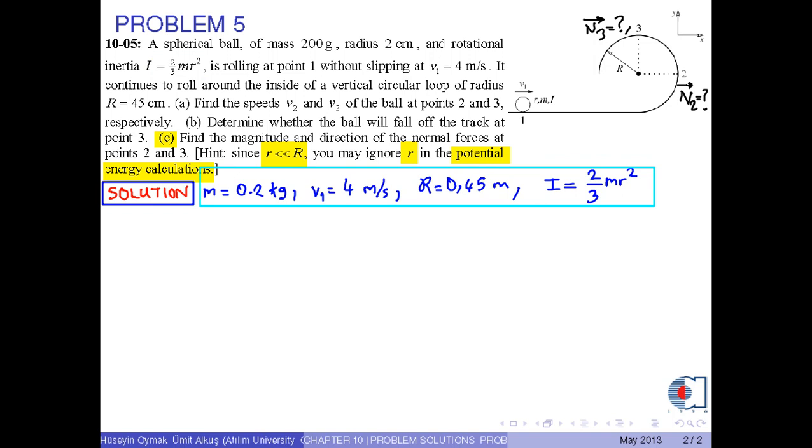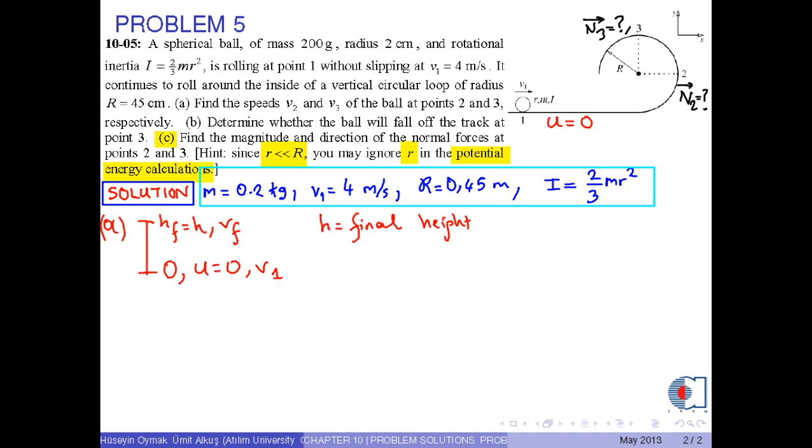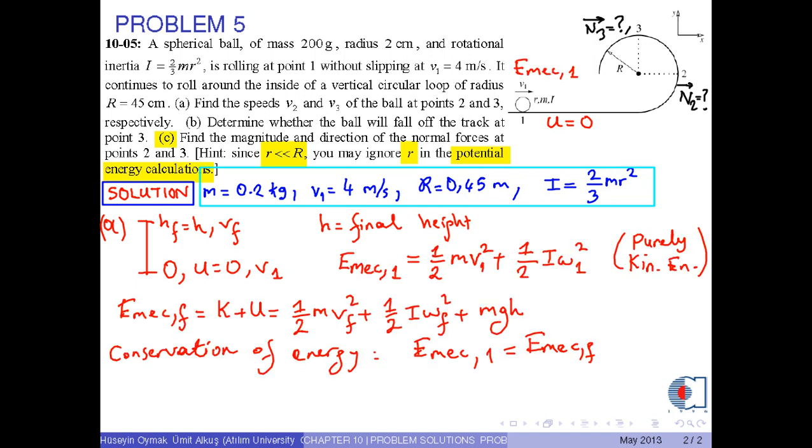In part A, let h be the final height of the ball. Then conservation of energy gives 1 over 2 m times v1 squared plus 1 over 2 I times omega 1 squared equals 1 over 2 m times v final squared plus 1 over 2 I times omega final squared plus m times g times h.